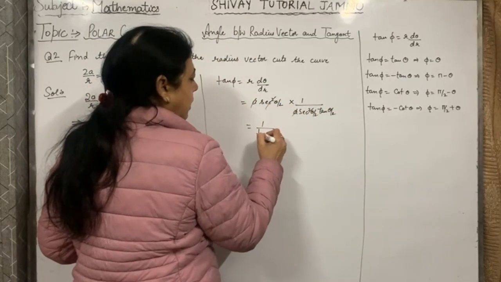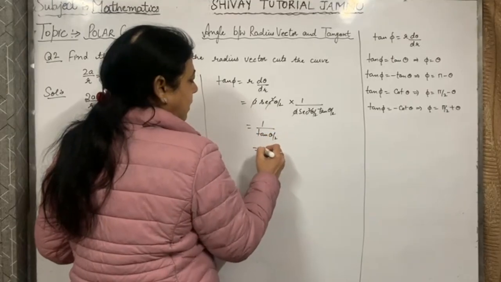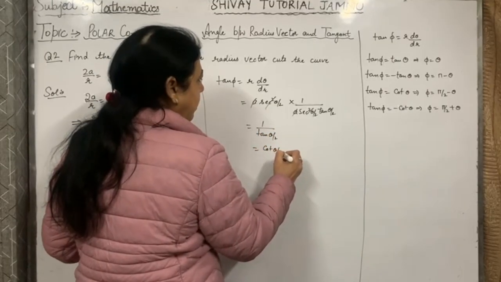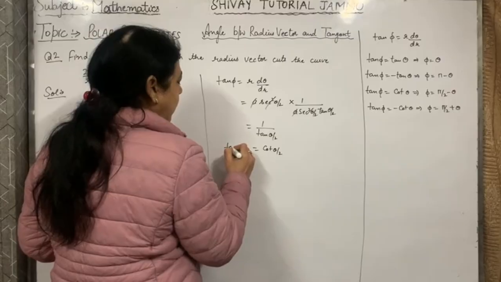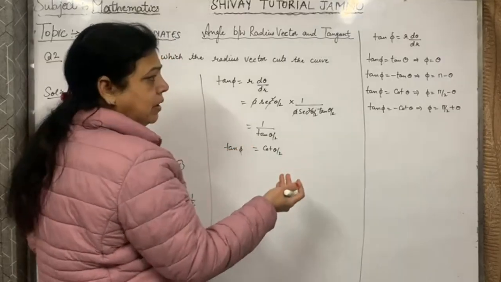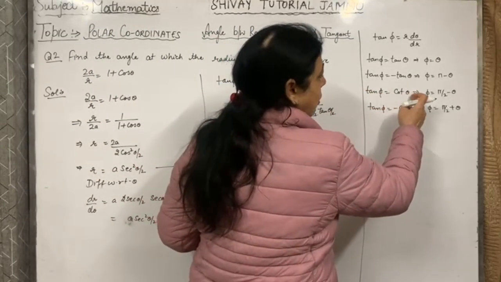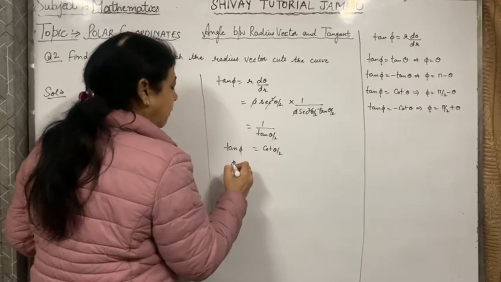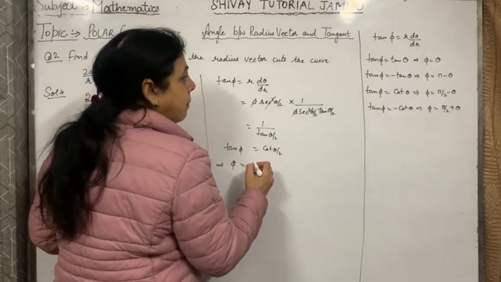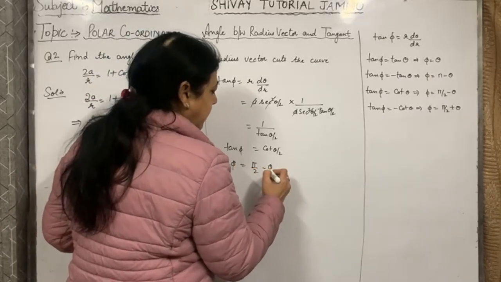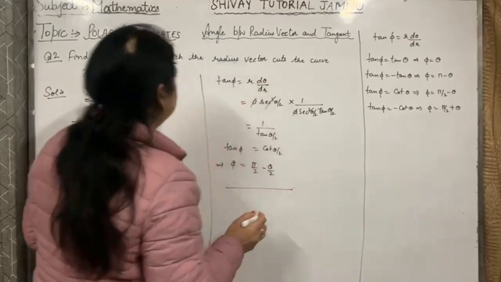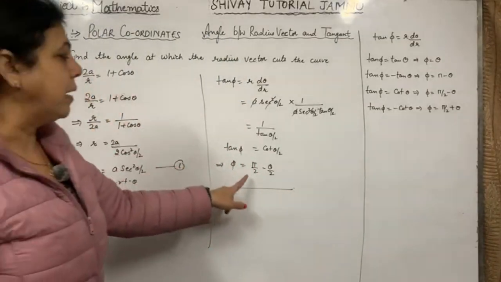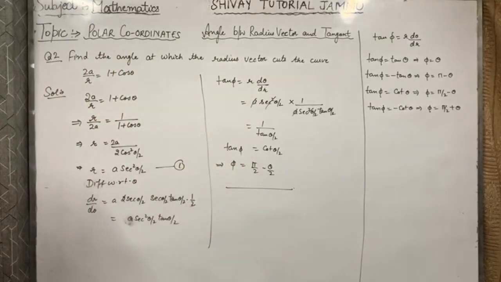We will get 1 by tan theta by 2. That is cot theta by 2. Tan phi is equal to cot of something. When tan phi is cot of something, then phi will be pi by 2 minus that angle, that is theta by 2. Then the required angle is pi by 2 minus theta by 2.